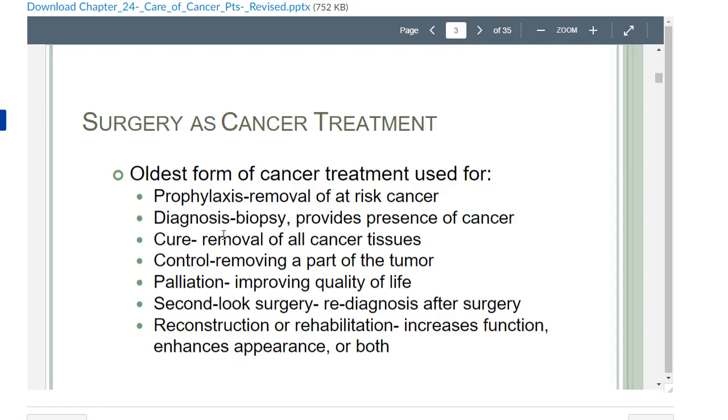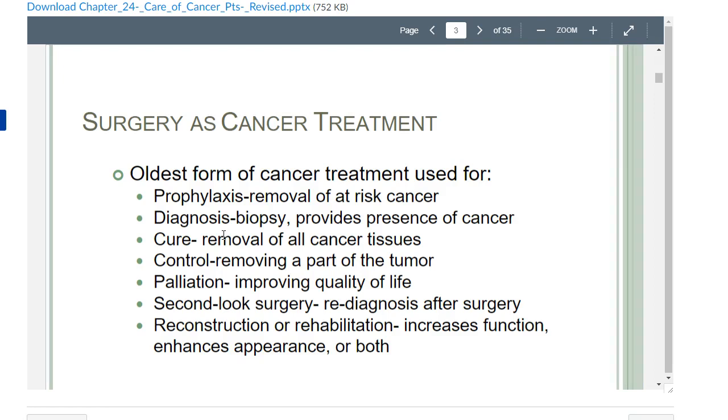Control, removing a part of the tumor. Palliative treatment, which may improve quality of life. Second look surgery, where they may re-diagnose after surgery. And then, of course, the reconstruction will increase function, enhance appearance, or even both. Think about a woman who has to have a bilateral mastectomy.